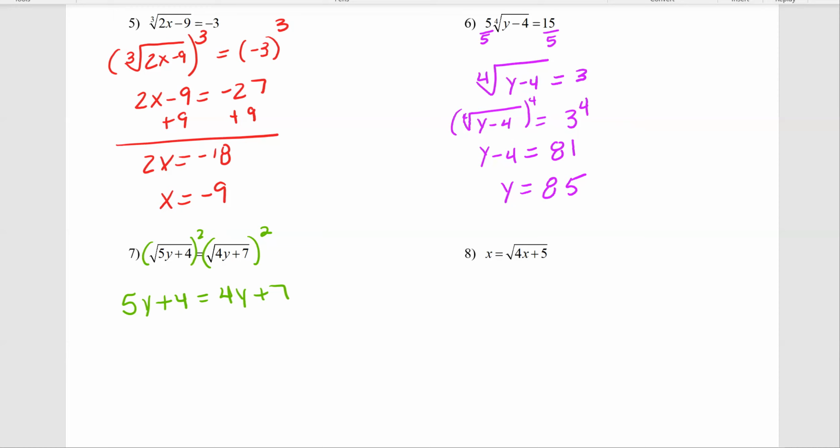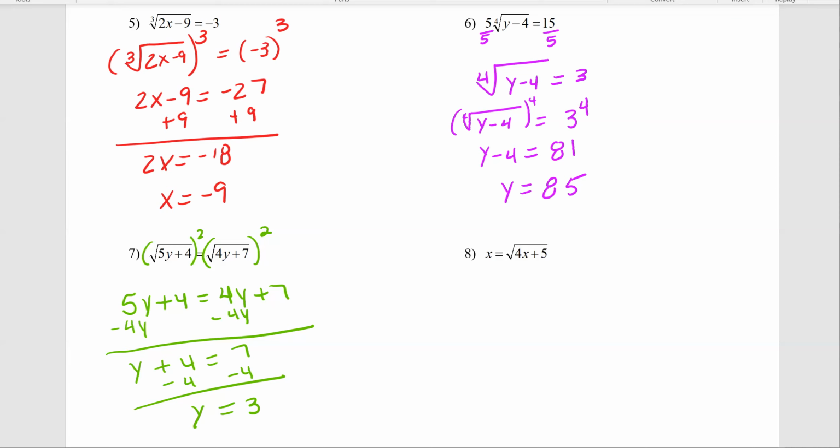And subtract 4y from each side. And subtract 4 from both sides. Y is equal to 3. I will leave the check up to you.